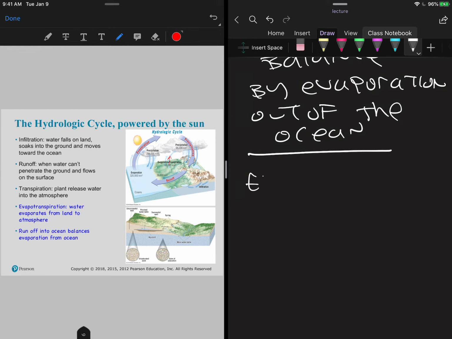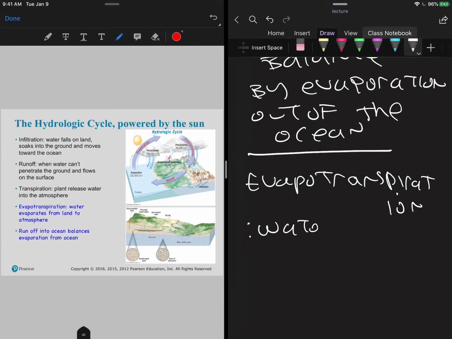So evapotranspiration occurs over land. This is where water evaporates from land into the atmosphere.